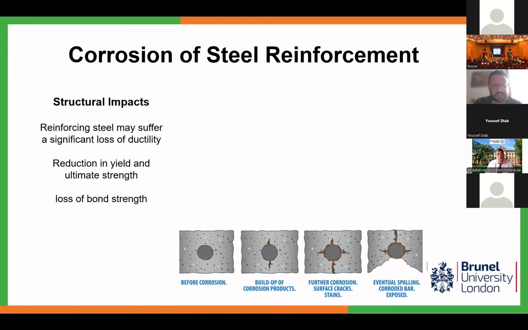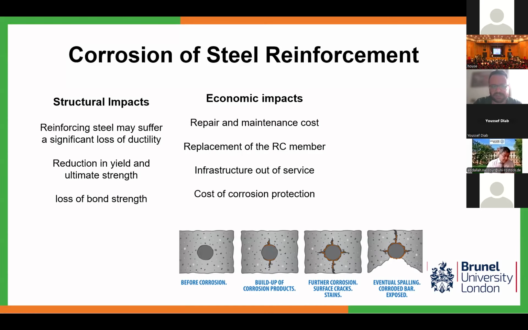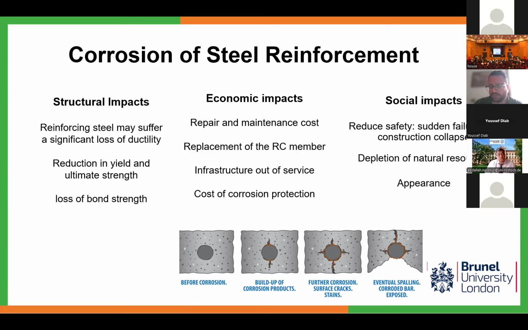In reinforced concrete, corrosion will have some structural impacts, for example, reinforcement steel will suffer ductility and strength reduction and loss of bonding. It will also have economical impacts, for example, repairing and maintenance cost, and the cost of corrosion protection will all affect the cost.